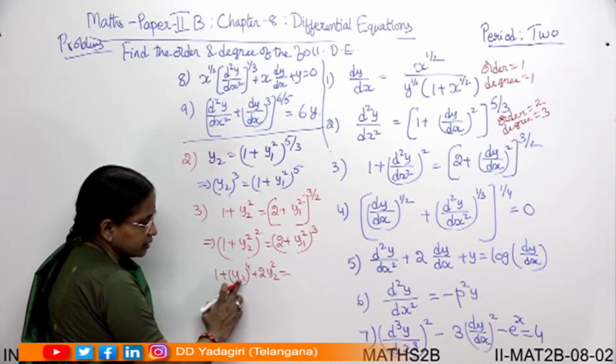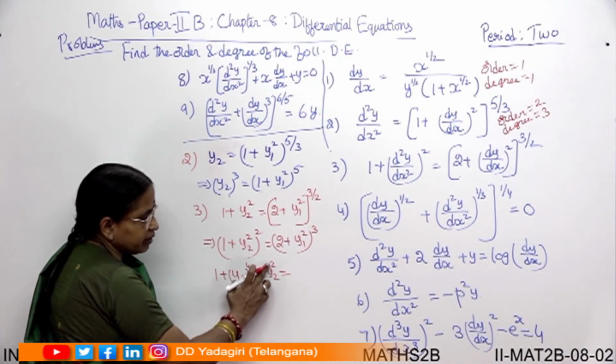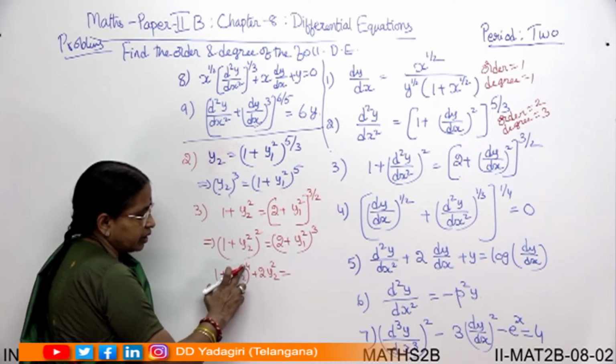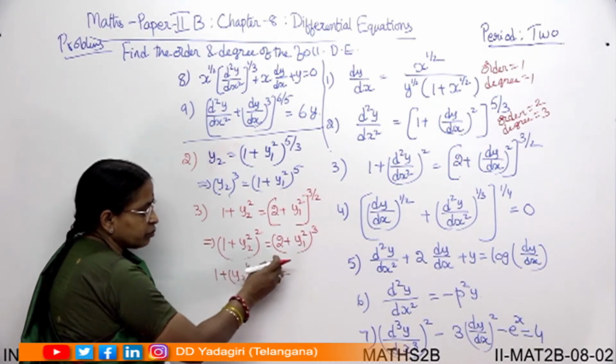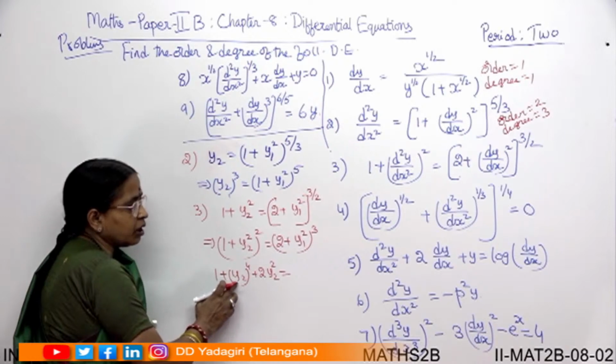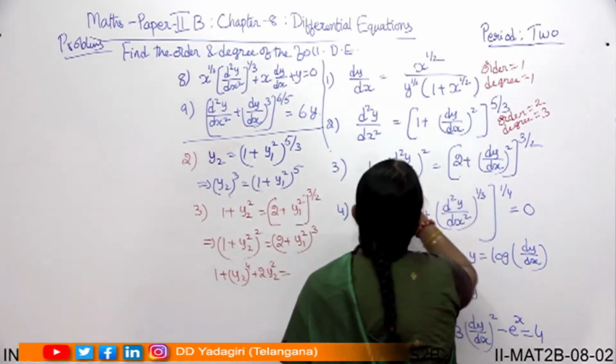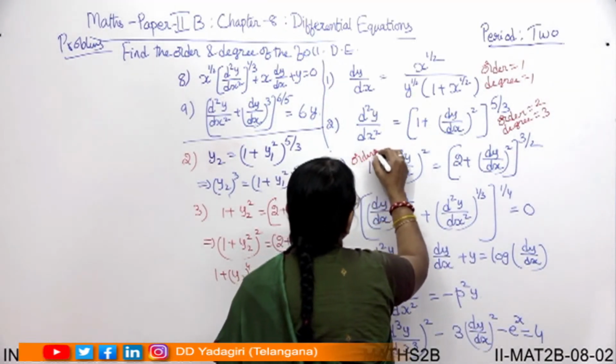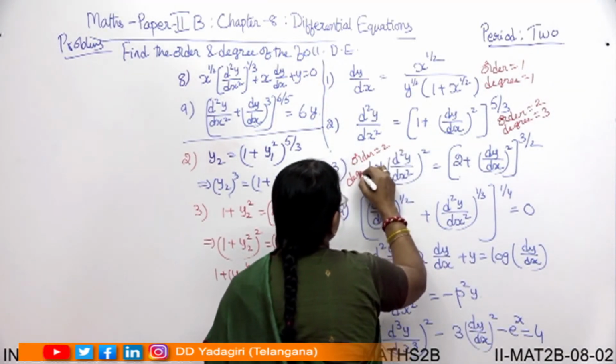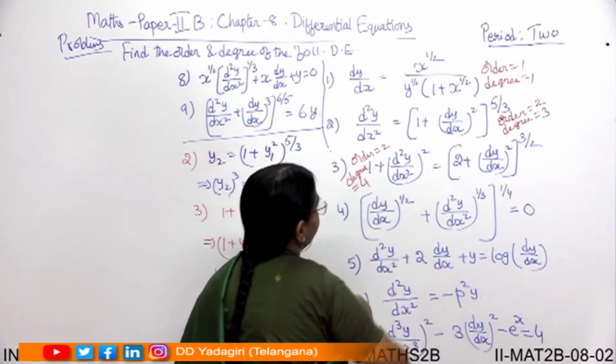And what is the highest power in this? The power for y2 here is 2 and the power for y2 here is 4. The greatest among these two is 4. So the order is 2 and degree is 4. So for this problem, the order is 2 and the degree is equal to 4.